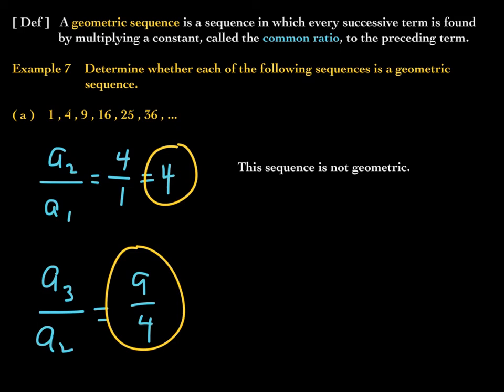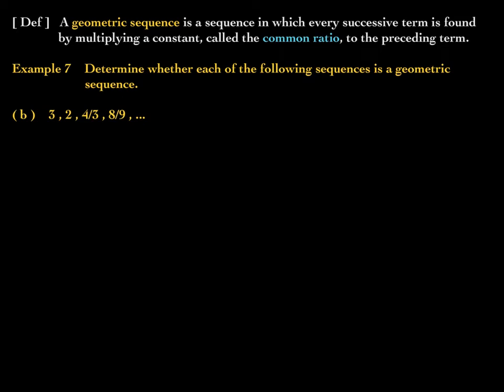Let's check out another sequence. Check out this new sequence: 3, 2, 4/3, 8/9, etc. All right, so we have to check the ratio between each pair of successive terms. So let's go. A sub 2 over A sub 1 would be 2 over 3. So the ratio between the second and first term is 2/3.